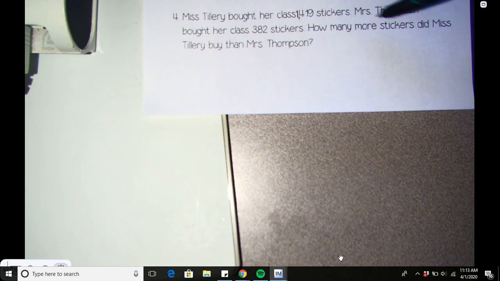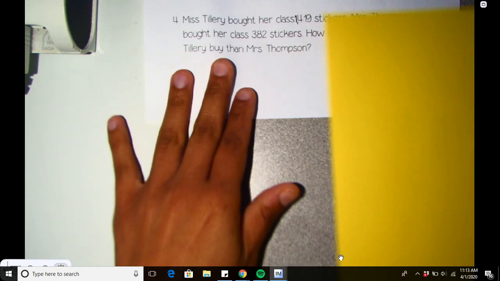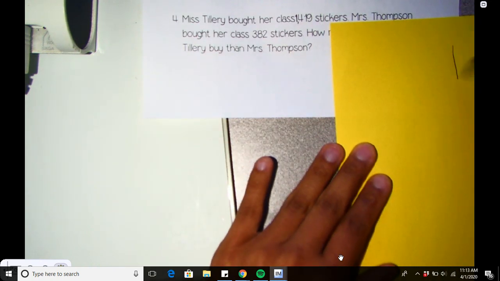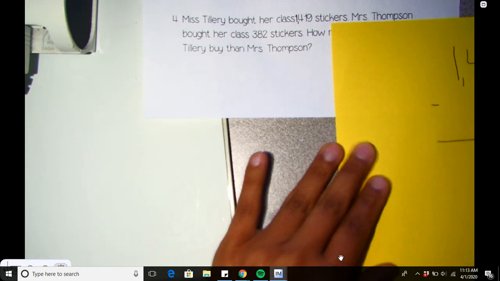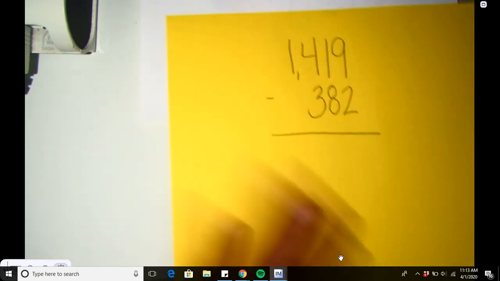So for this one, when it asks how many more, it's wanting me to subtract. Remember, when we subtract, I'm going to help you set it up. You need to write those numbers with the larger number first. Okay, so I got my problem set up.